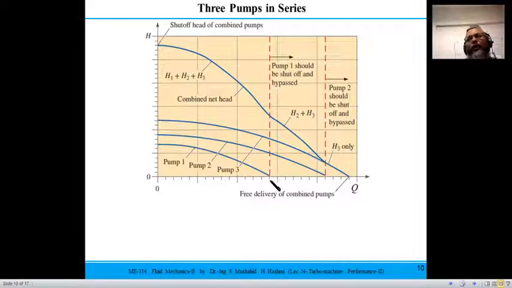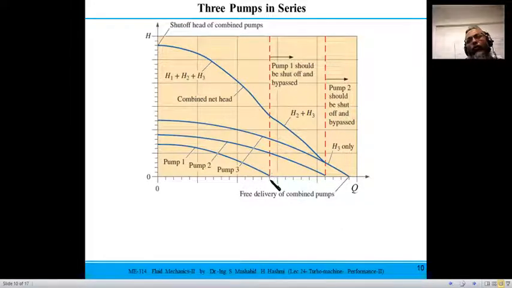This is called the free delivery of pump 1. Free delivery of pump 1 is the maximum volume flow rate. Obviously there is no head available, so the head is 0. That would be your free delivery, the volume flow rate when your head is 0.